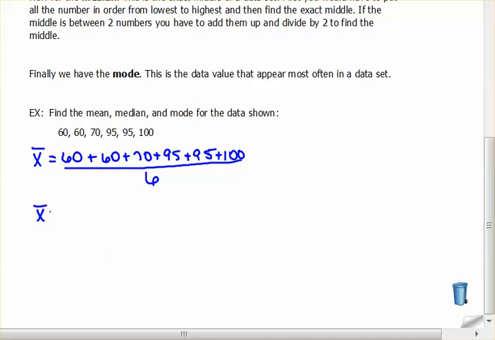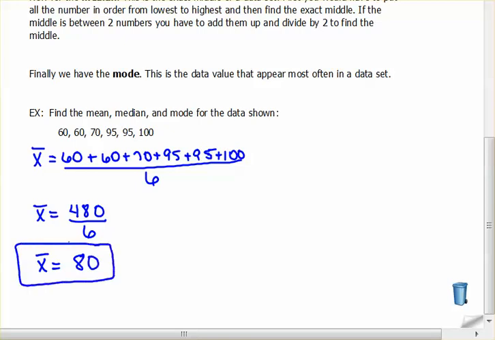If you pull out your handy calculator and do your addition, the total turns out to be 480. Then when we divide that by 6, our mean is 80. So that would be our mean for this data set.